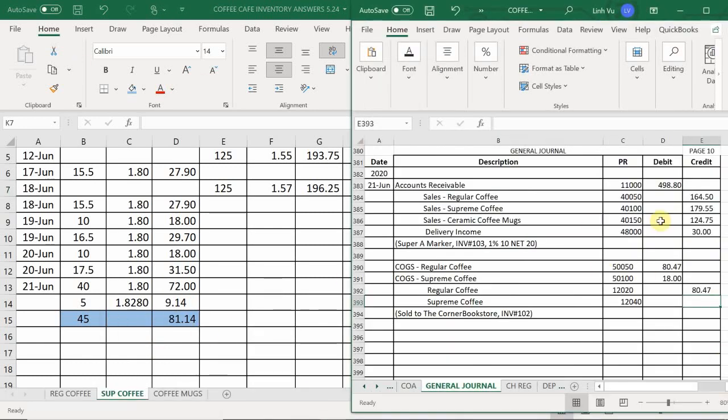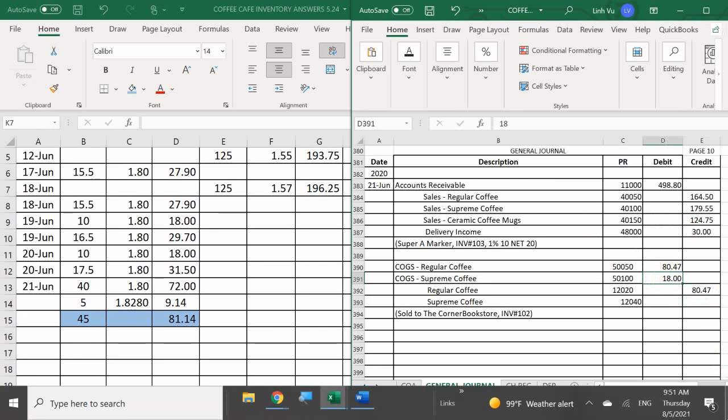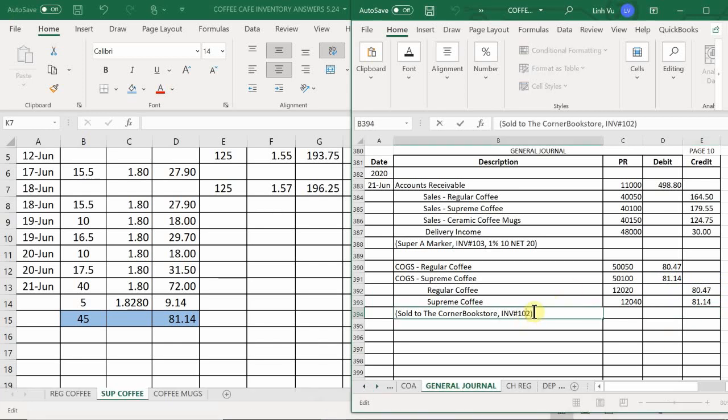And my Supreme coffee, for selling 45 pounds, it cost me a total of $81.14. Make sure you change your notes here, because I did not sell to the corner bookstore. I sold to Super A Market. Invoice number 103.